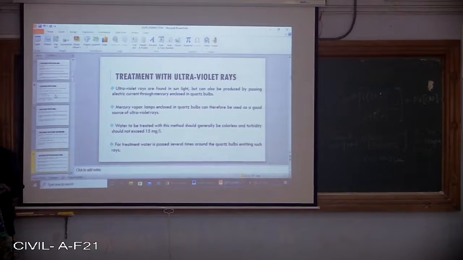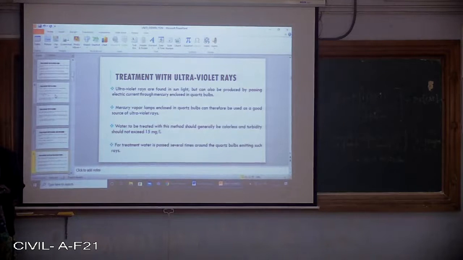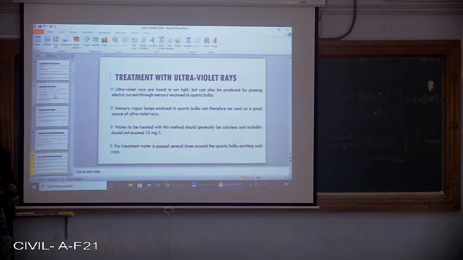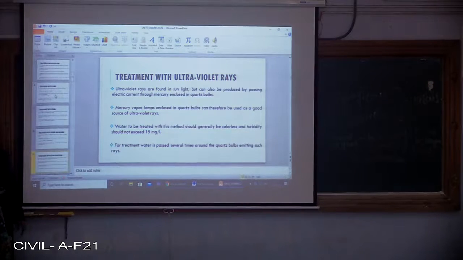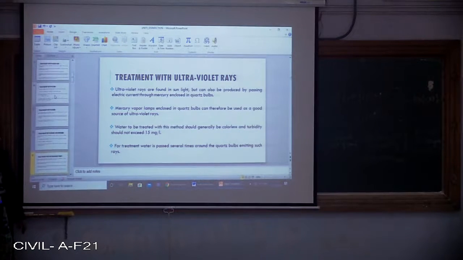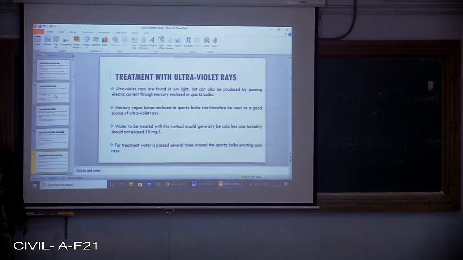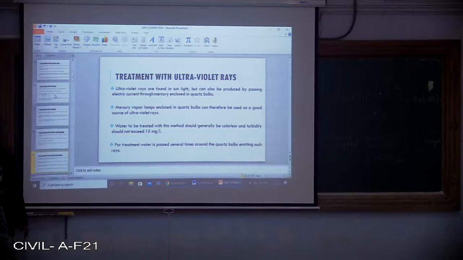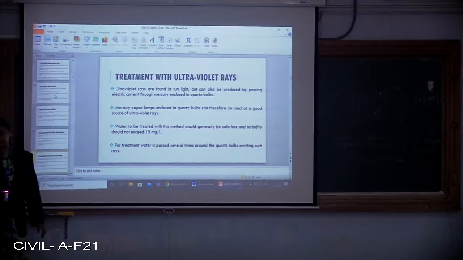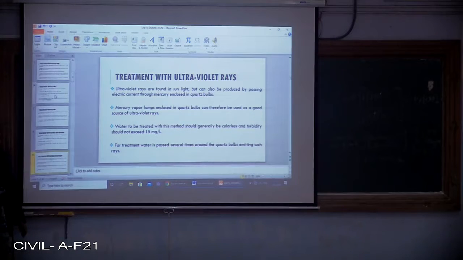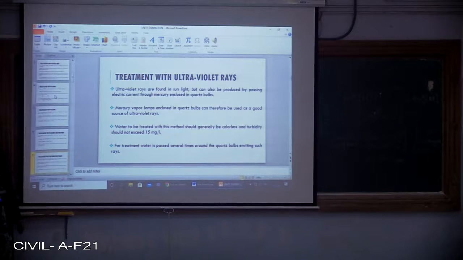So, treatment with ultraviolet rays. The ultraviolet rays can also be used for the treatment of water. So what actually happens in this particular process? Ultraviolet rays are found in sunlight, but can also be produced by passing electric current through mercury enclosed in a quartz bulb.